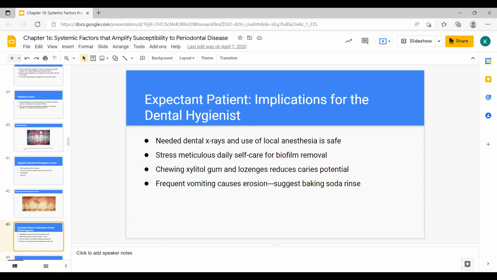Dental x-rays. This is really going to be dependent on your doctor. Personally, as a provider, my very personal view is that if it's not necessary, like if I'm a regular 6-month recall patient and I don't have any problems, if I was pregnant, I would skip it. If I had a toothache, I would take a PA. But I'm not going to take a full mouth series of x-rays on a patient while they're pregnant.